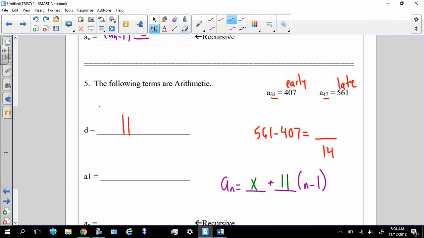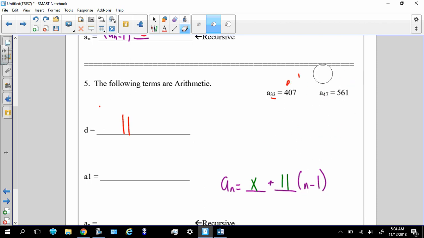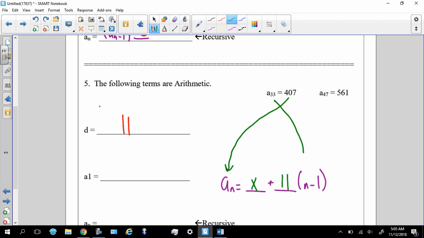Well, let me clean this up a little bit. You have a choice. Do you want to use 407 or do you want to use 561? Well, I want to use 407. I'm going to put 407 right there. I'm going to put 33 right there. So 407 is equal to x plus 11 times 33 minus 1.